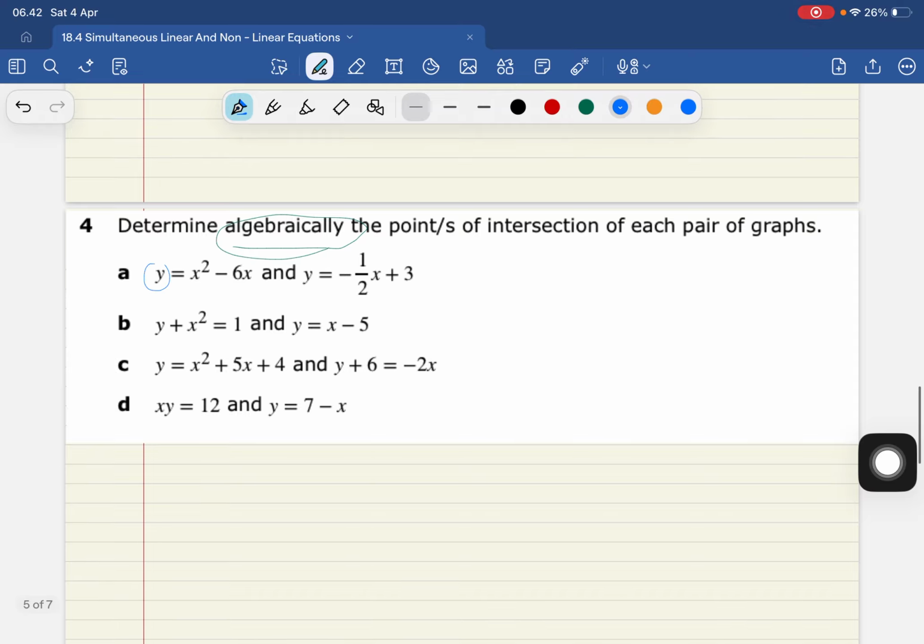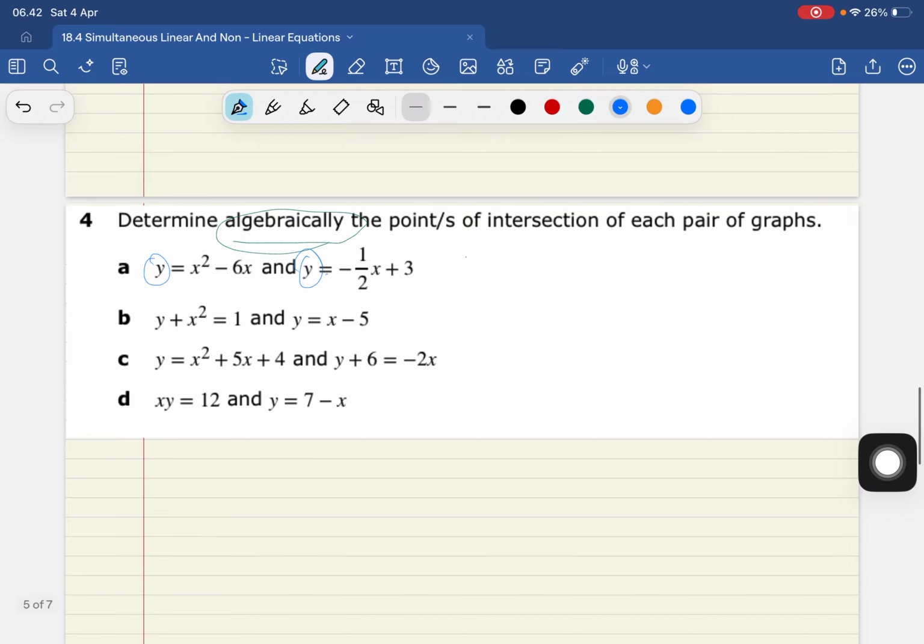So here is y and here is y. Write y equal to y: x squared minus 6x equals negative 1 over 2 x plus 3. We can rearrange it: x squared minus 6x plus 1 over 2 x minus 3 equals 0.